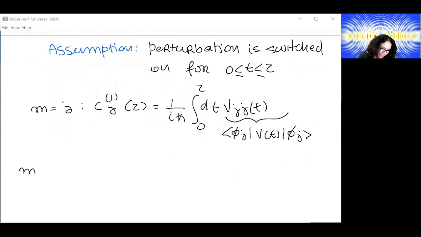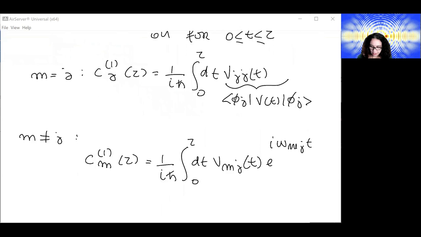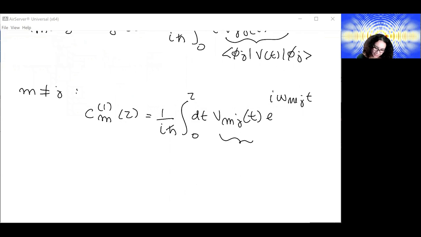And if m is different from j, we find that Cm to first order at tau is 1 over i h bar integral from 0 to tau dt Vmj of t e to the i omega mj t, whereby once more this is phi m V of t phi j.